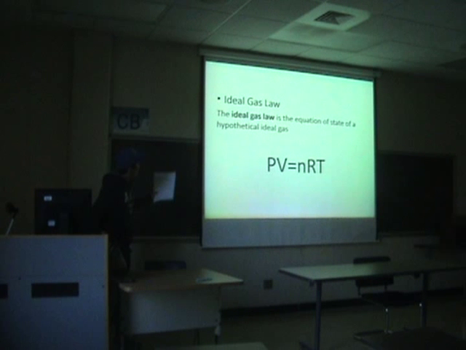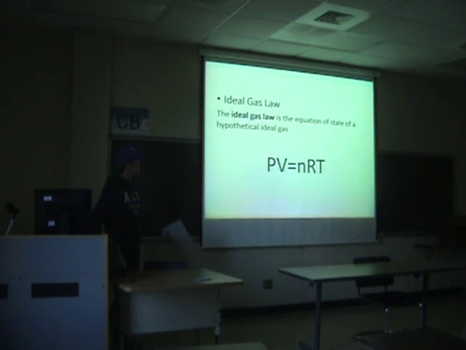First, the ideal gas law is the equation of state of a hypothetical ideal gas. An ideal gas is a theoretical gas which is composed of a set of randomly moving and non-interacting particles.